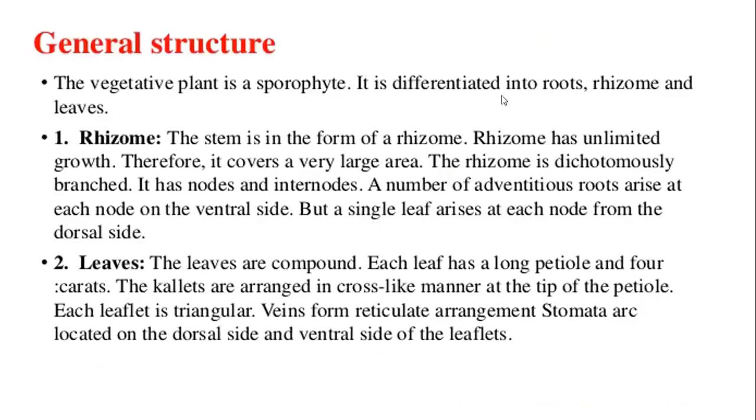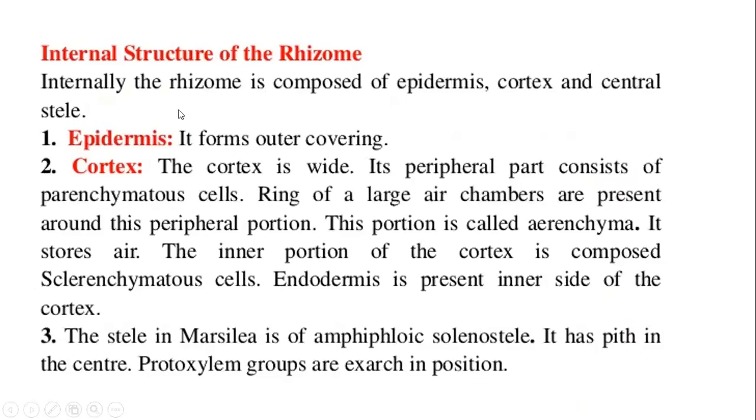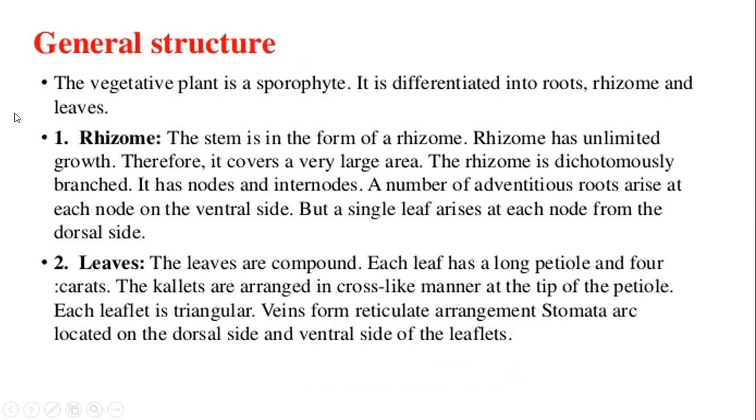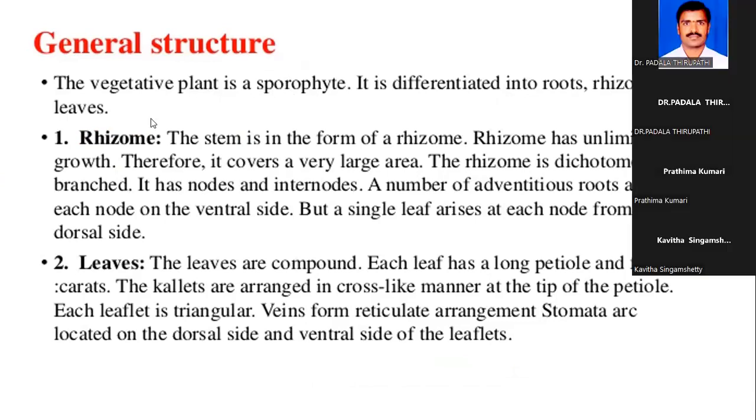Now, when we talk about the general characters or the vegetative structure of the Marselia plant, unlike the other pteridophytic plants, even here the dominant phase of the plant is the sporophyte, which is differentiated into the roots, rhizome, and the leaves.